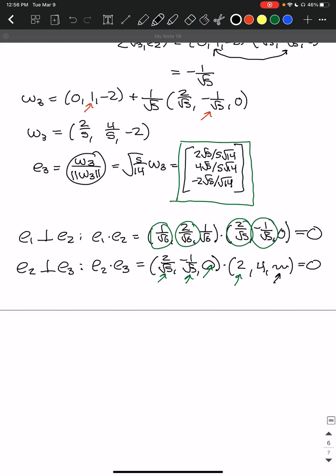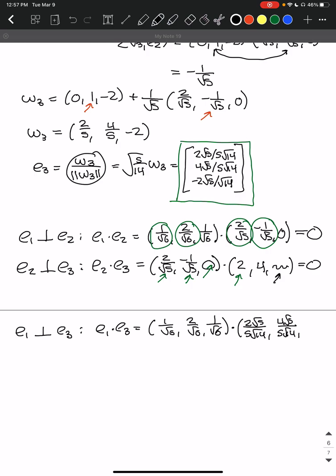So that's good. Last thing I have to check is that E1 is perpendicular to E3. Here, E1 dot E3 is equal to 1 over root 6, 2 over root 6, and 1 over root 6, dotting that with, I'm going to take everything with me this time, 2 root 5 over 5 root 14, 4 root 5 over 5 root 14, and minus 2 root 5 over root 14.